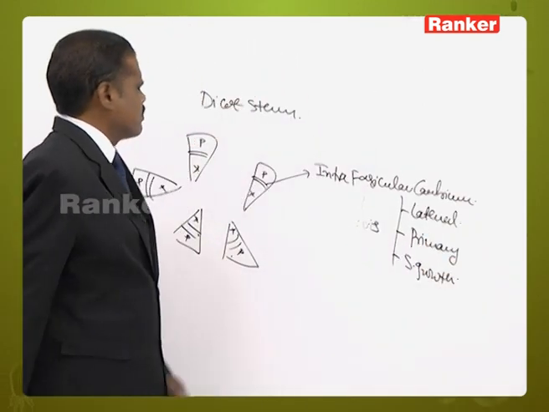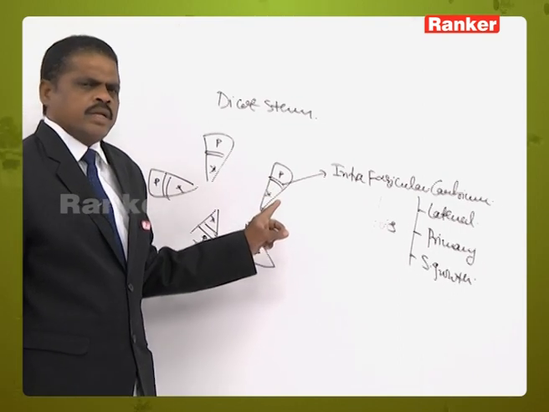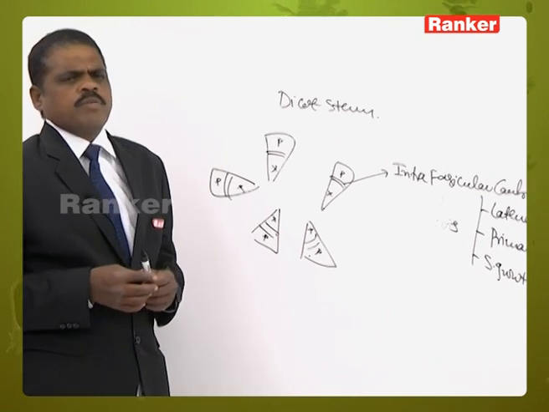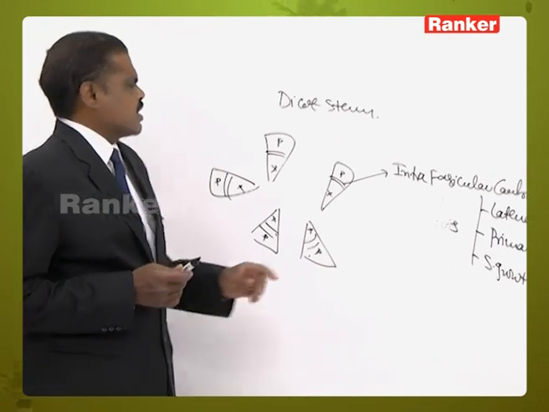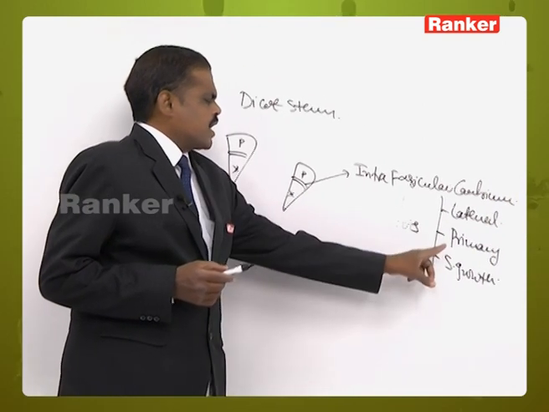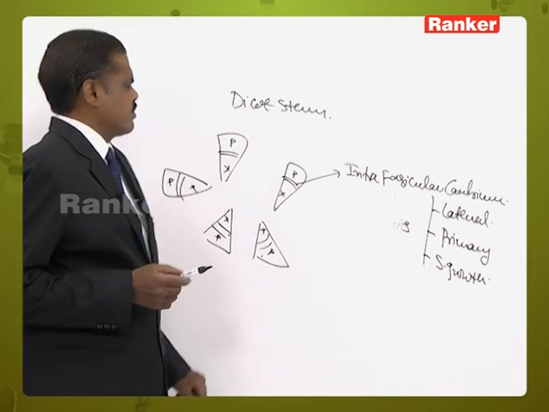The cambium which is already present inside the vascular bundle is called intrafascicular cambium. Intrafascicular cambium is lateral in position, primary in origin, function is secondary growth.